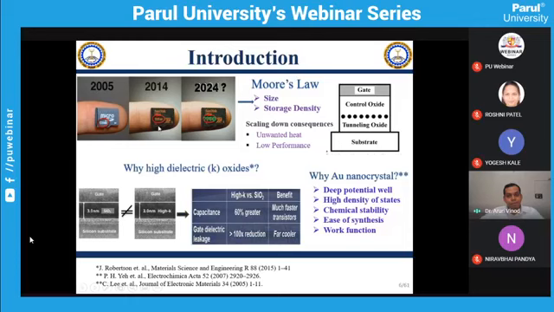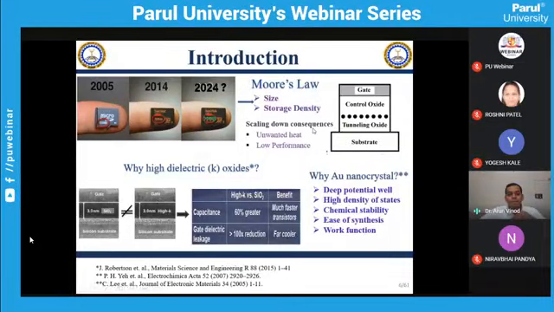That means the same size but much more storage is needed.